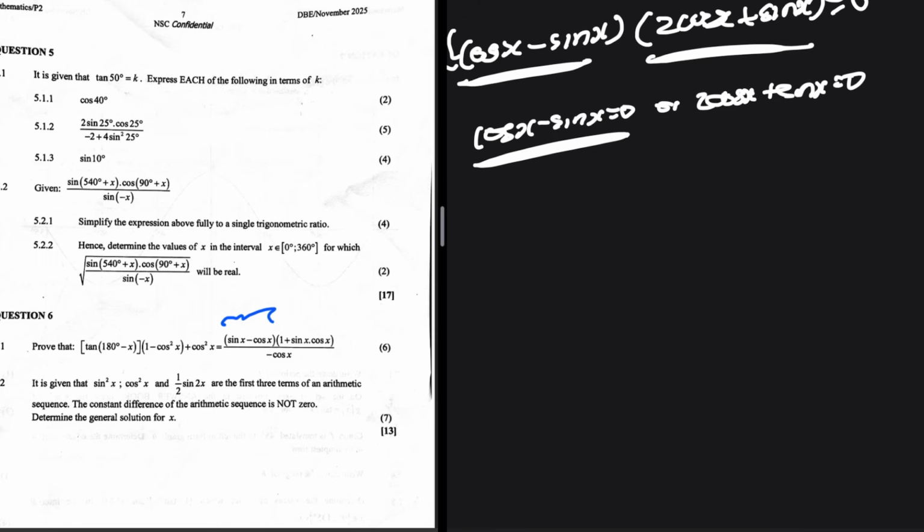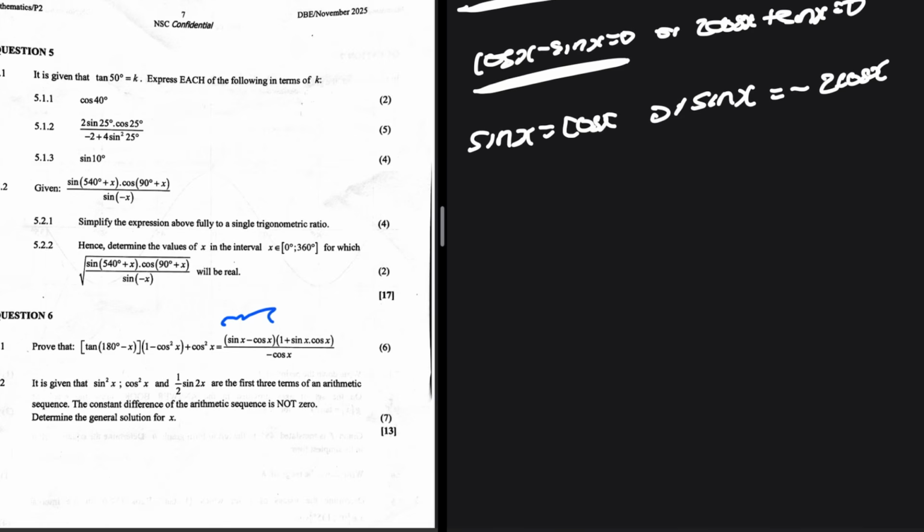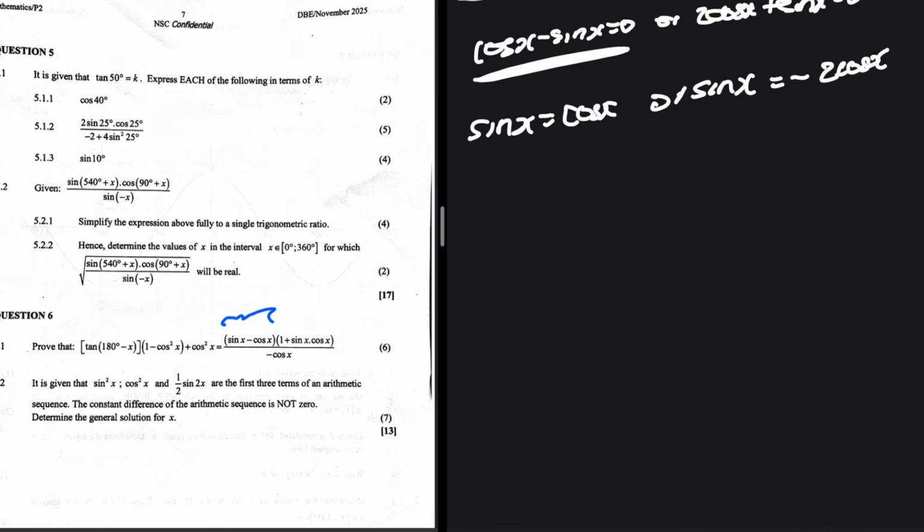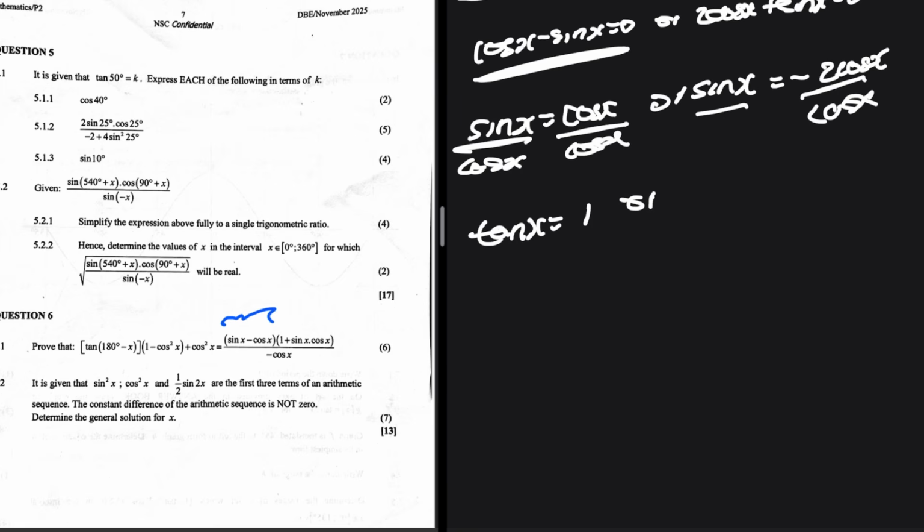With the first one, sine x is equal to cos x, and with the second one, sine x is equal to negative 2 cos x. For my safety and to avoid losing marks, I prefer dividing by cos x. So I will have tan x is equal to 1, or tan x being equal to minus 2, right?